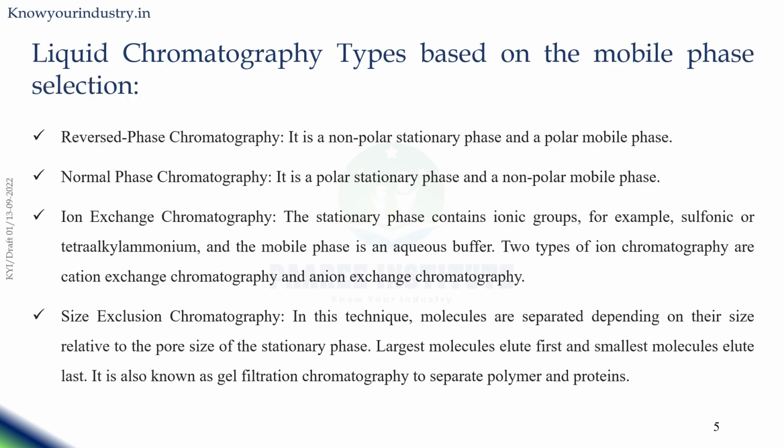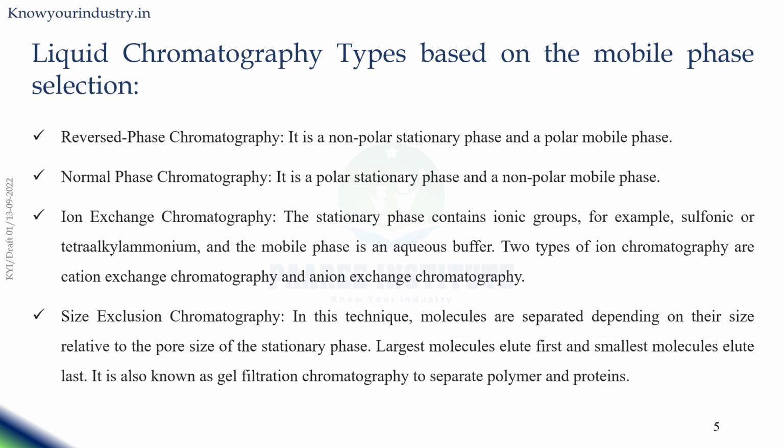The liquid chromatographic system, or the high pressure liquid chromatography system, can be classified into different types based on the mobile phase polarity and also the mechanism involved in the chromatography.